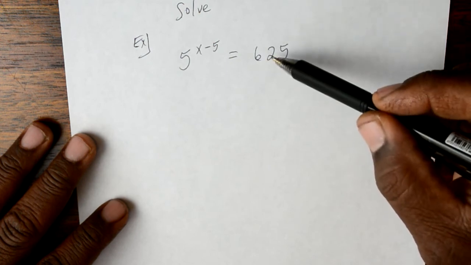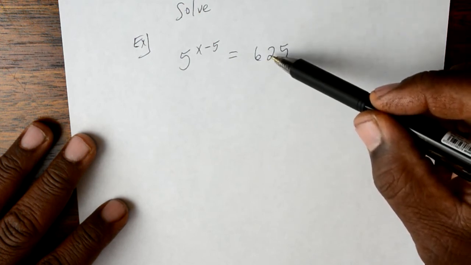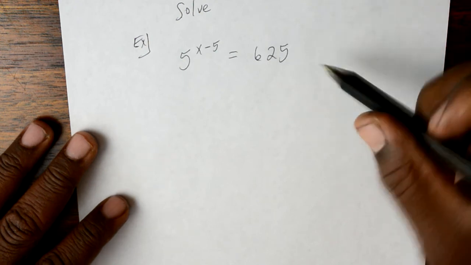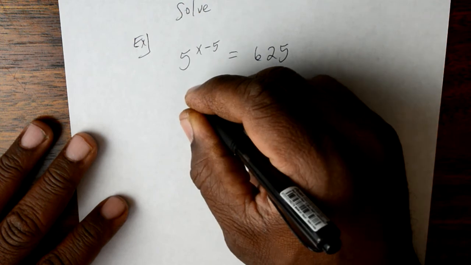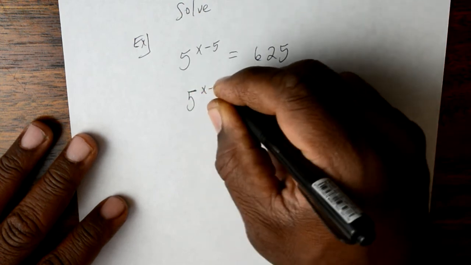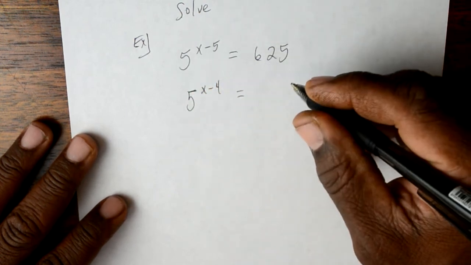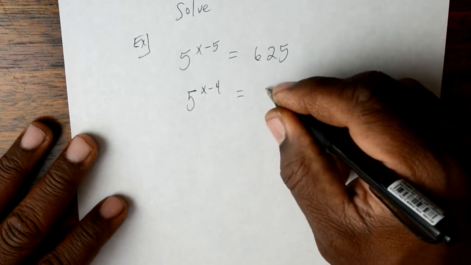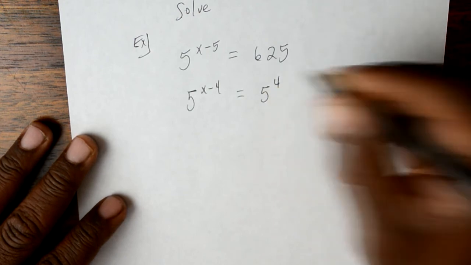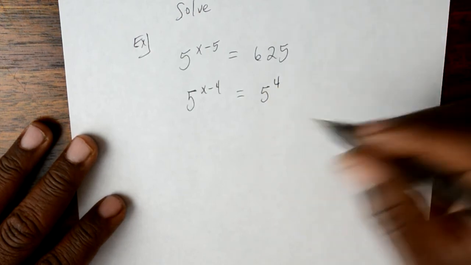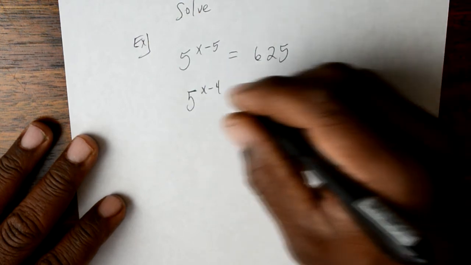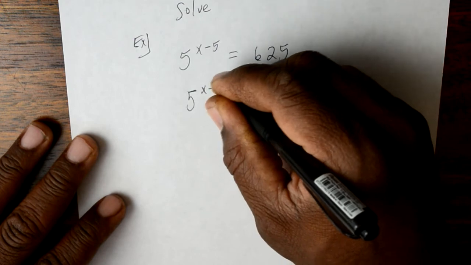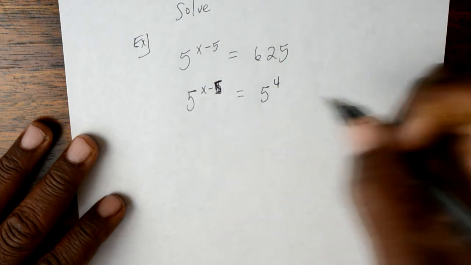I can rewrite 625 as 5 to the 4th power. So I'll keep my left hand side as it stands, 5 raised to the x minus 5, and rewrite 625 as 5 to the 4th power. I'll now drop my base and set the exponents equal, and solve for x.